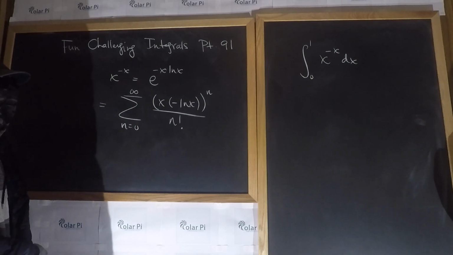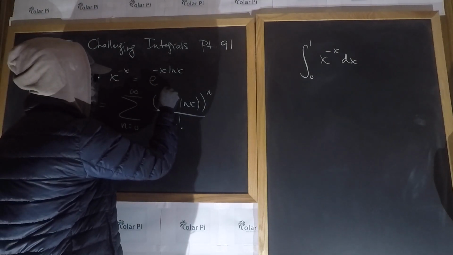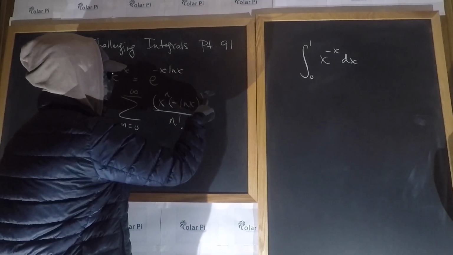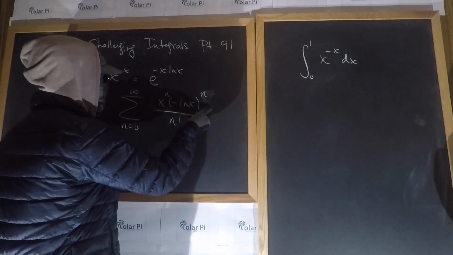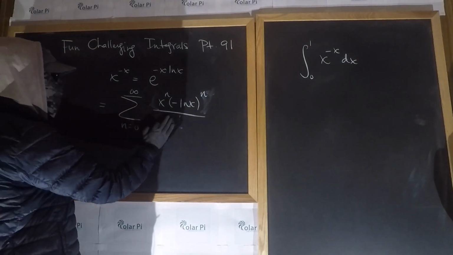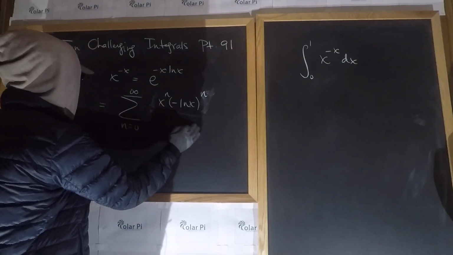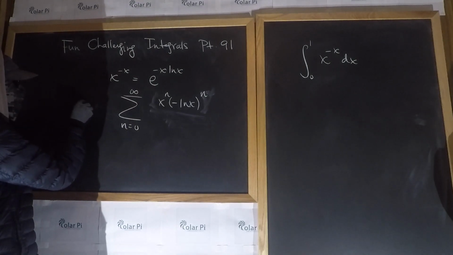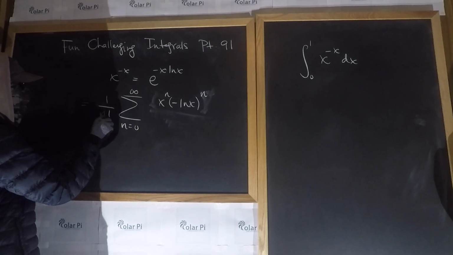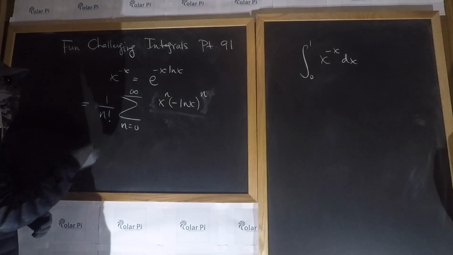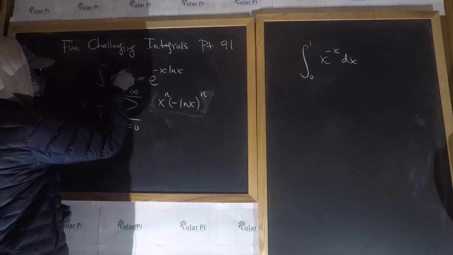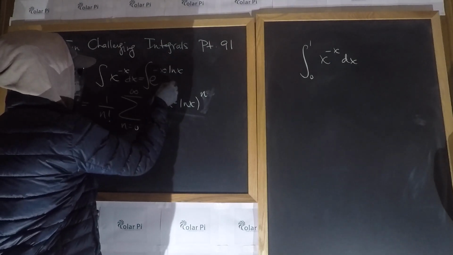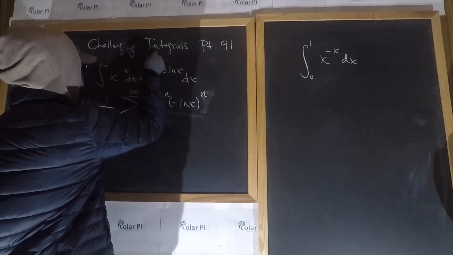First, this is x to the n, and then I could do this, right? That's fair. And this is supposed to be dx, integrated from 0 to 1.